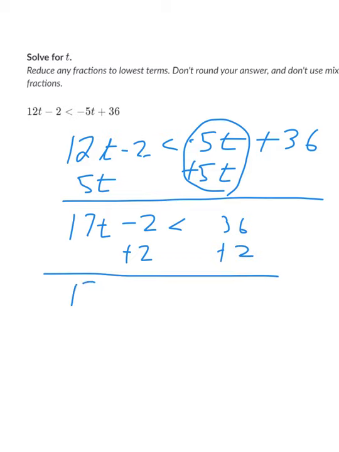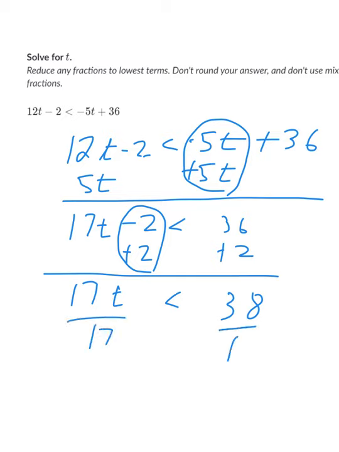I get 17t is less than 38. Divide both sides by 17, and I get t is less than 38 over 17. Notice that I did not reverse the direction of the inequality. The reason I didn't is because I never multiplied or divided by a negative number.